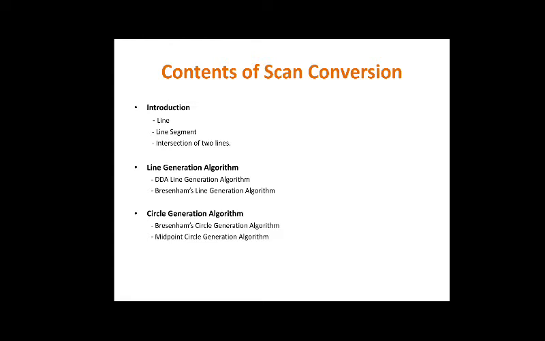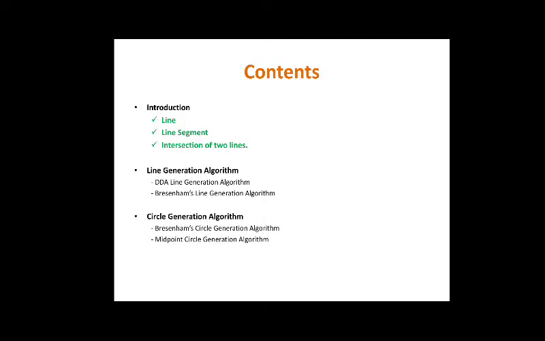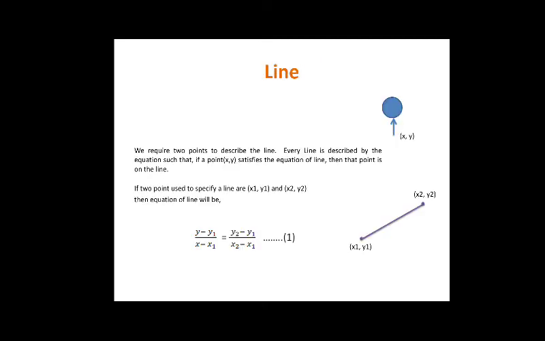So today we will cover the basics of line generation algorithms as well as the basics of scan conversion: line segment, intersection of two lines, and the basics needed for the line generation algorithm. So let's start.